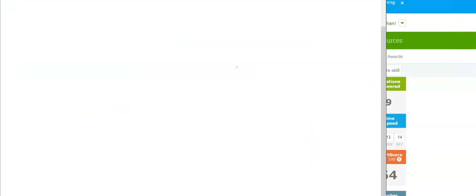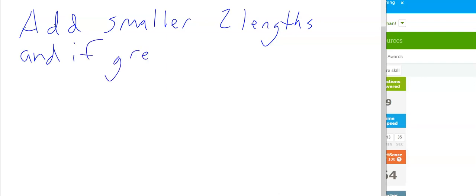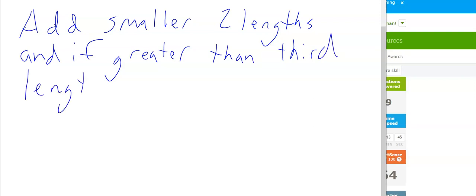All right, so just to summarize, for most of the problems, add the two smaller lengths, the two smaller numbers, and if the sum is greater than the third length, it is a triangle.